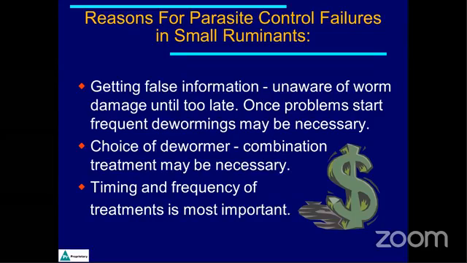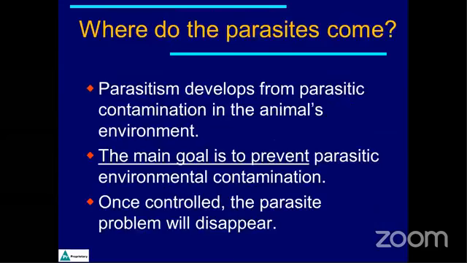Timing is crucial. When you deworm, if you wait until the problem has occurred, you're too late. You've got to prevent it. So it's all about prevention, and that's what we'll talk about mostly today. These parasites come from the environment of the animal. They contaminate their environment, and then they reinfect themselves over the summer.